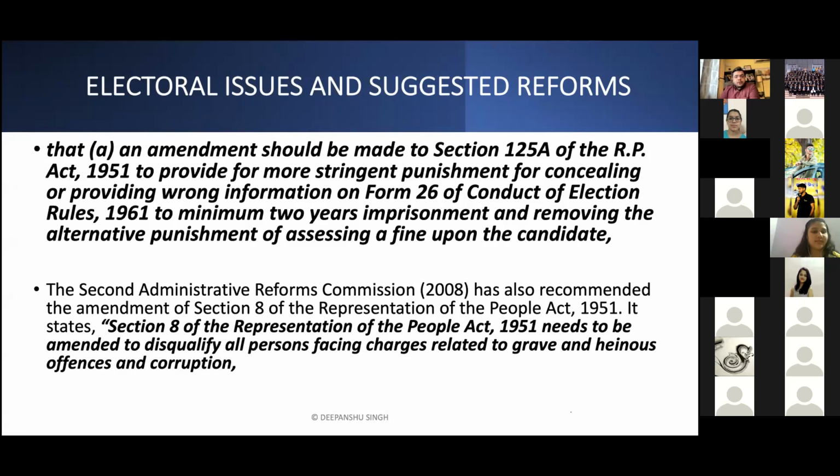Sorry. So first of the most important amendments that has been recommended, because you have to understand that RPA 1951 is the main law. Apart from everything else that is being used to conduct elections in India, the rules and regulations. The most important electoral law in the country right now is the RPA 1951.